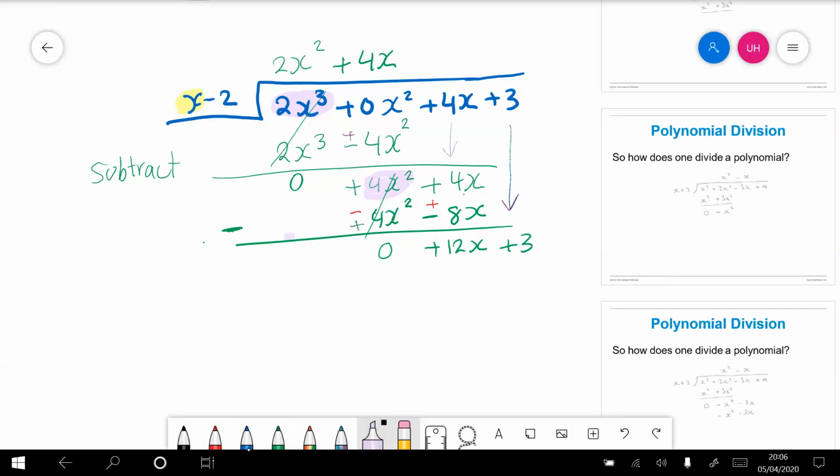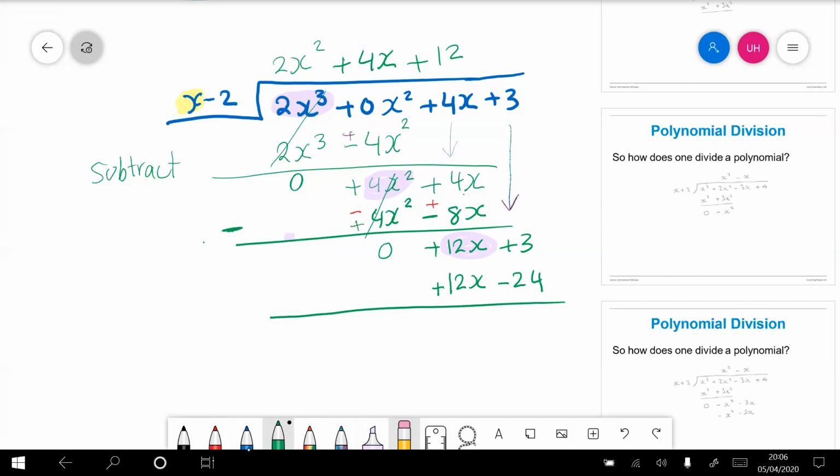And now the leading term is the 12x divided by x. So how many x in the 12x is 12? So we write it down as plus 12. And now 12 times this yellow x is positive 12x. And then 12 times minus 2 is minus 24.